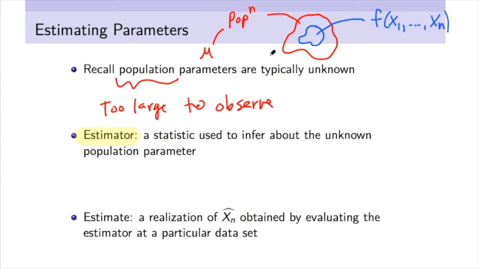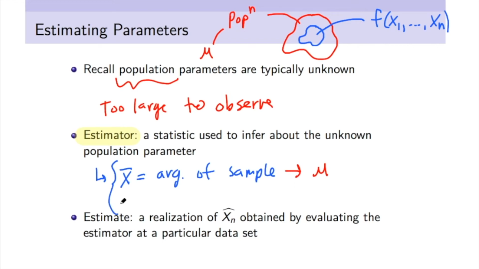Okay, so the estimator is just a statistic that's used to make inference about the population parameter. That means this estimator is a function of the data that is informative about the population parameter. So in our case, a relevant estimator would be x bar. X bar is the average of the sample, and this would allow us to make inference about the population parameter mu. Okay, so this would be informative about mu, but we can also have many other statistics.